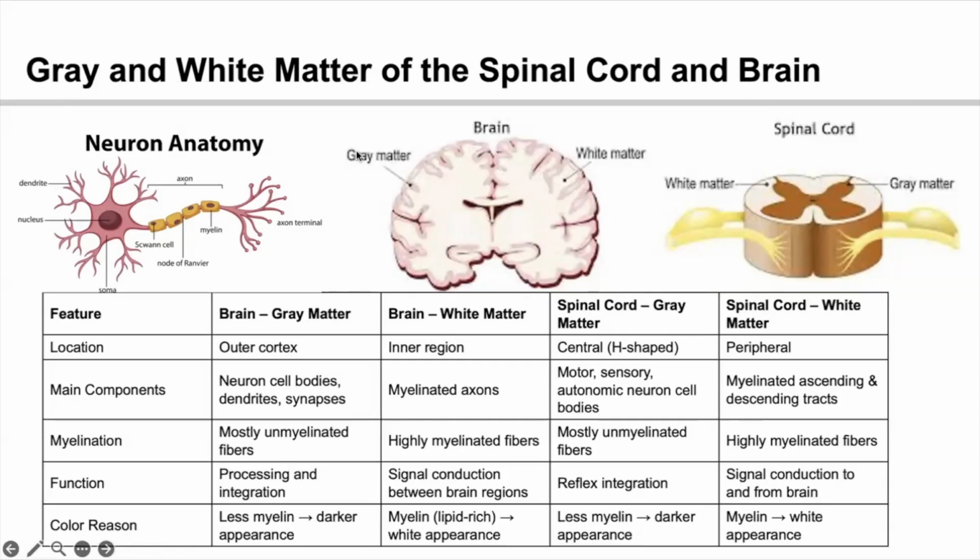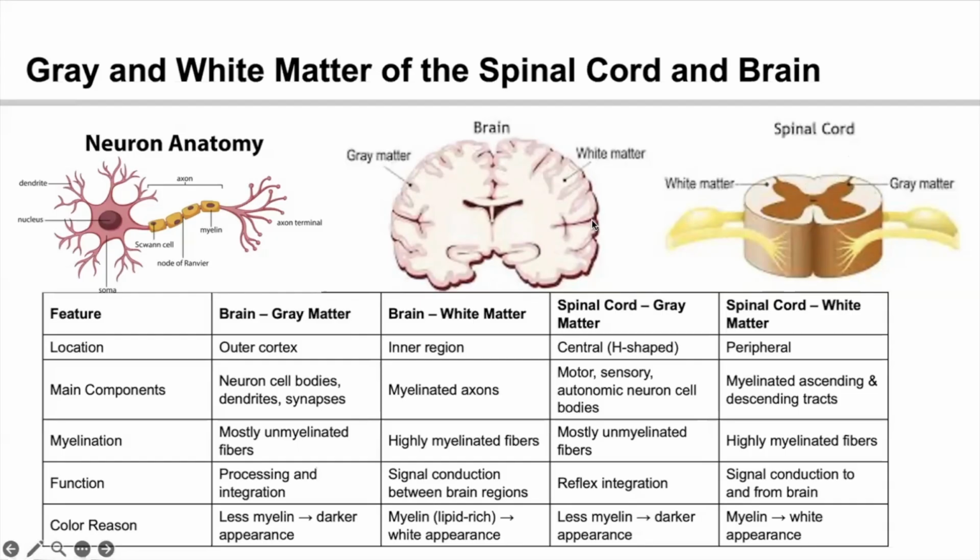Again, the distribution of gray and white matter in the brain and spinal cord, both being part of the CNS, is a little different. In the brain, the gray matter is on the outer part and the white matter is in the inner part. In the spinal cord, the gray matter is in the inner part and the white matter is on the outer part.